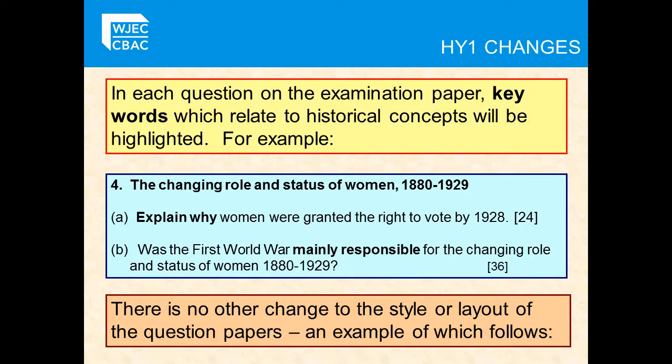For example, we will bold the words in Part A of explain why. And in Part B, words such as mainly responsible, most significant, the most important reason, was this seriously threatened, or whatever the focus of the evaluation is.